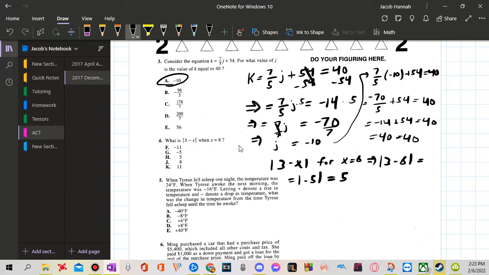If negative 5 is right here, then negative 4, negative 3, negative 2, negative 1. So it's how far it is from 0: 1, 2, 3, 4, 5. So that's what that means. And it's H, so 5.